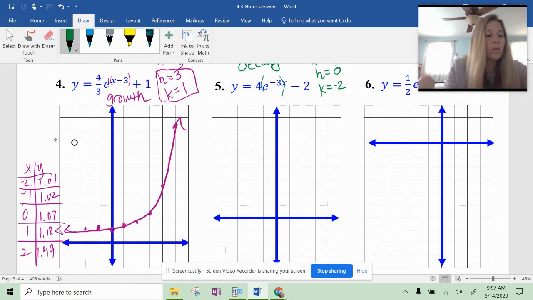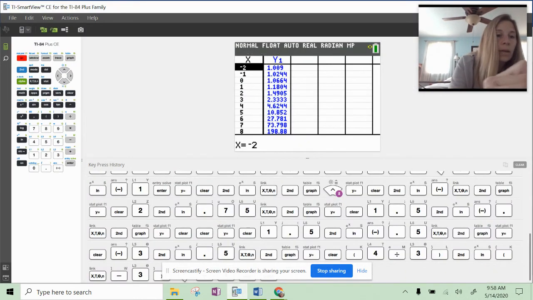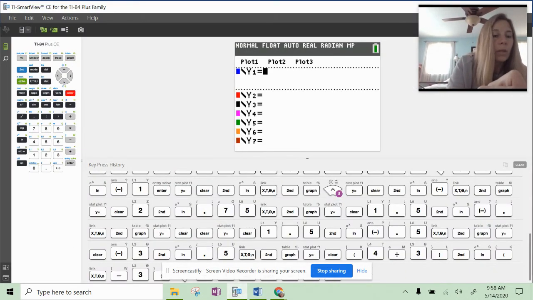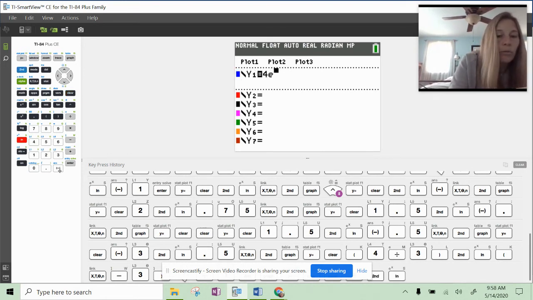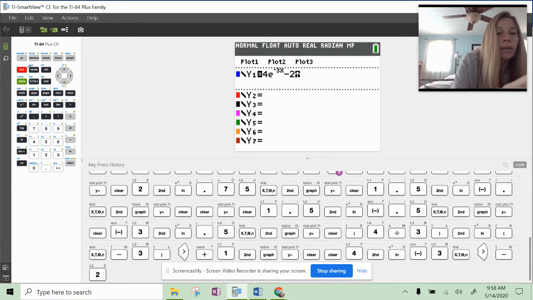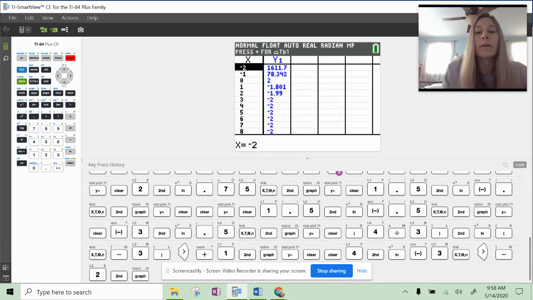Okay, so when we go to do our chart, our XY table, -2, -1, 0, 1, and 2. So again, plugging this in, we have 4 times e raised to -3x. Now, the people with the older calculators probably need to put parentheses around that, -2. And your table should look something like this. So we have, wow, 1,611. I'm not going to bother fitting either of those, so I'm just going to focus on these lower numbers here.